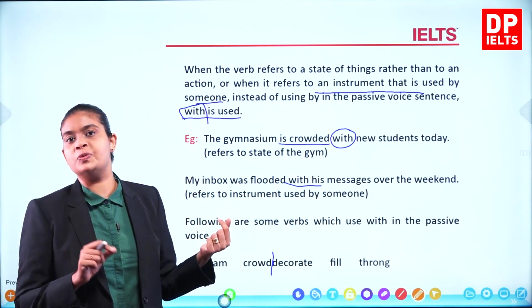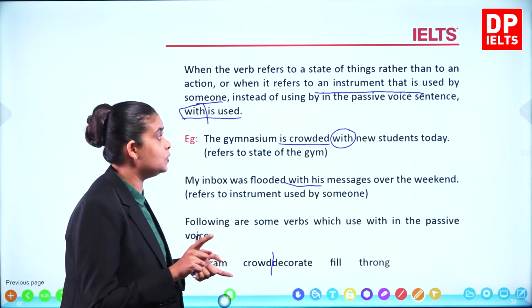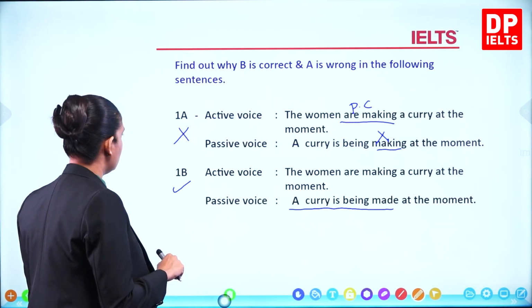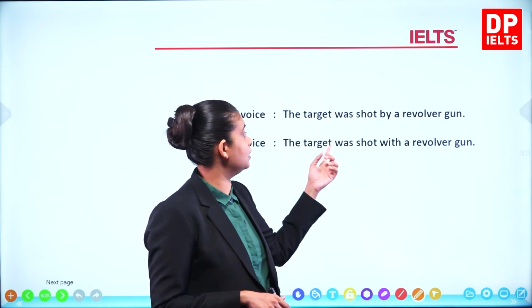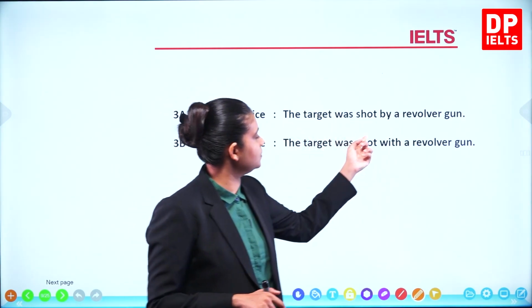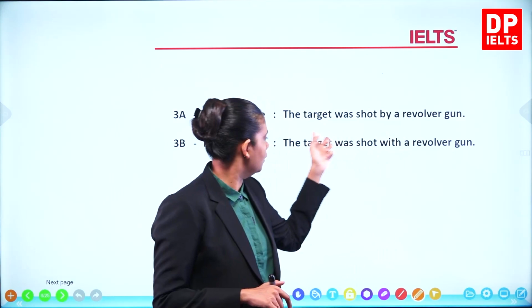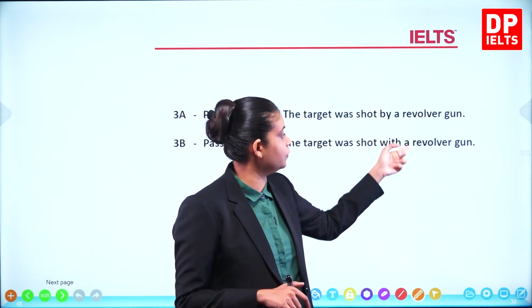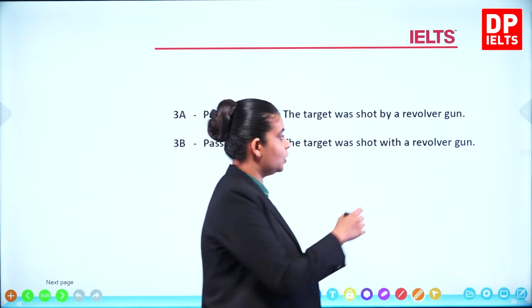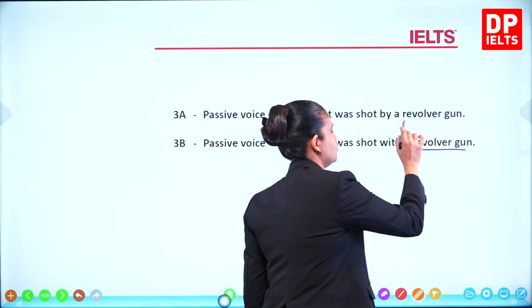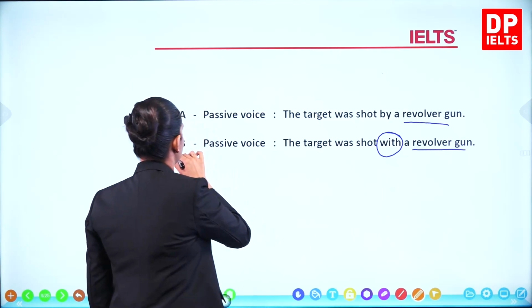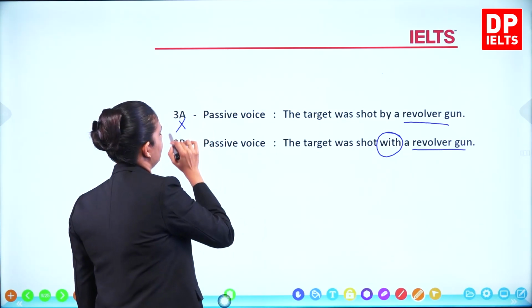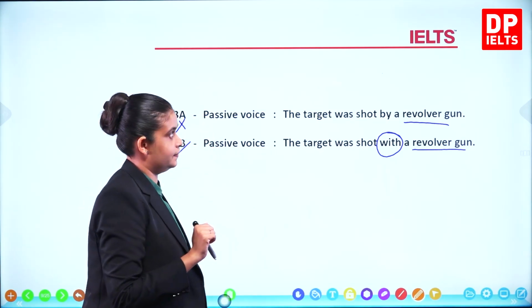Then we don't use by, we use with. So in this one, what's the instrument here? Gun, right? The target was shot by a revolver gun. The target was shot with a revolver gun. Because the revolver gun is an instrument, we say with. So B is correct and A is incorrect. All right?